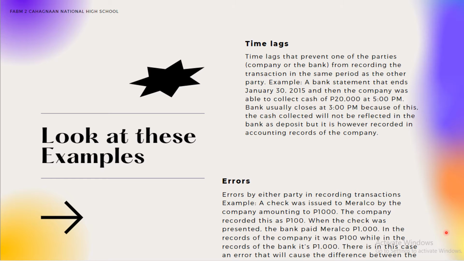Tingnan natin to. Diba? Yung 1,000 nagiging 100 or vice versa, yung 100 magiging 1,000 dahil sa isang zero lang yan. So, that is error. Isa rin yung paraan or dahilan kung bakit gagawa tayo ng bank reconciliation statement. Okay.